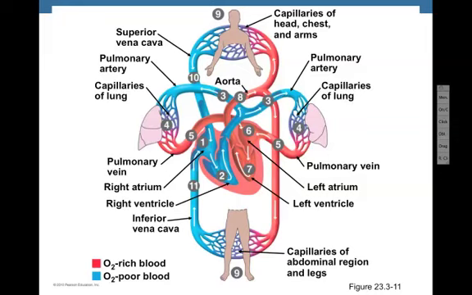After the exchange of oxygen and carbon dioxide occurs, now we have oxygen poor blood, both at the head and the feet. Follow it in. They're showing number 10 at the top and number 11 at the bottom. Both of those are going to the right atrium.